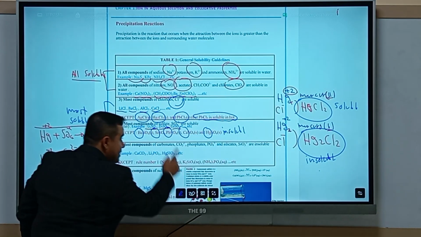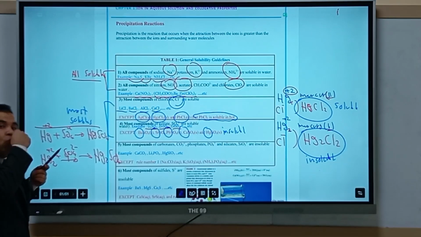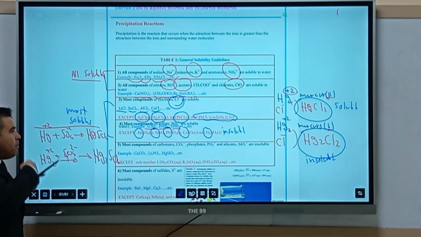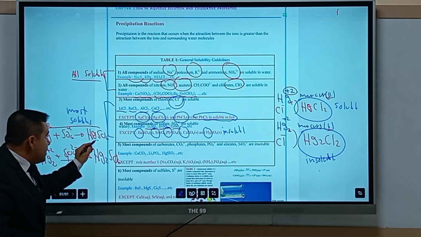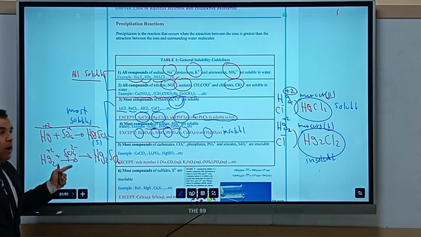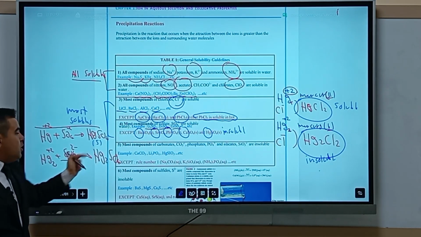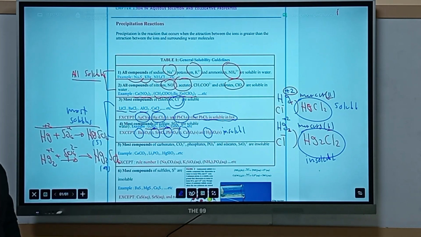Unlike the case of the chloride, where mercury 2 with chloride was soluble, here mercury 2 with the sulfate is insoluble, a precipitate. But mercury 1, which was insoluble there, is soluble here, aqueous.